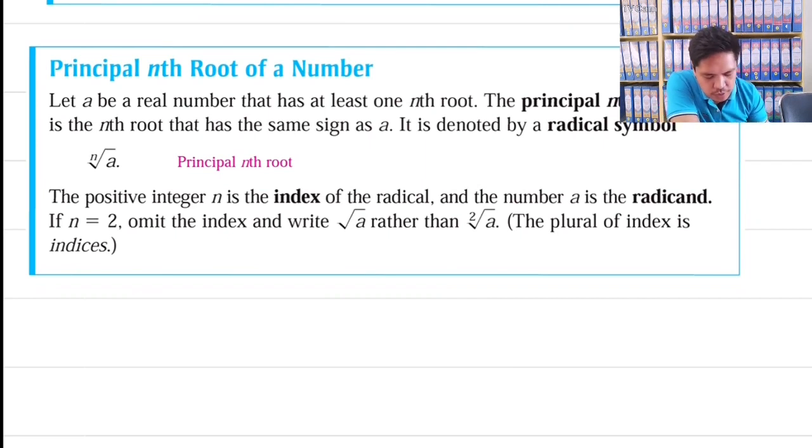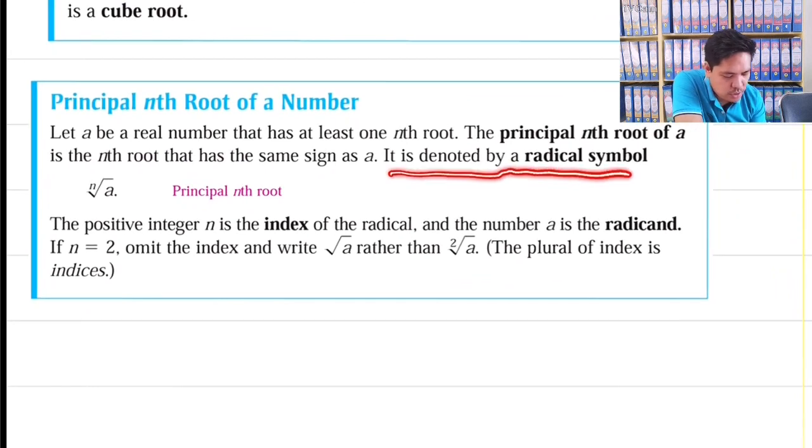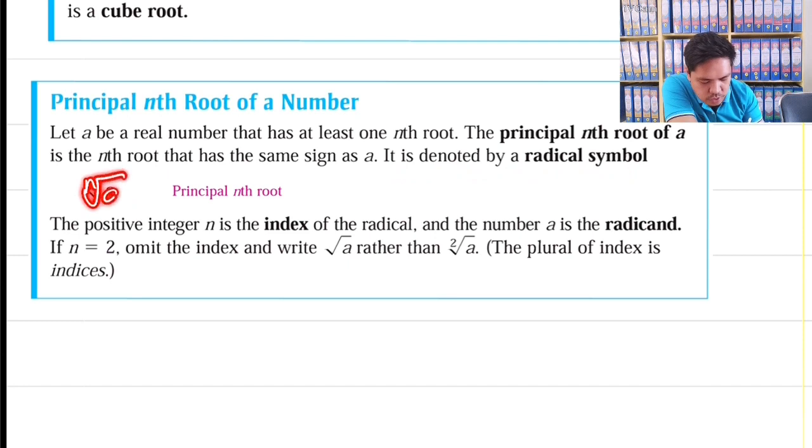Let a be a real number that has one nth root. The principal nth root of a that has the same sign as a is denoted by a radical symbol, this. So that means nth root of a. It is read like that: nth root of a or principal nth root.